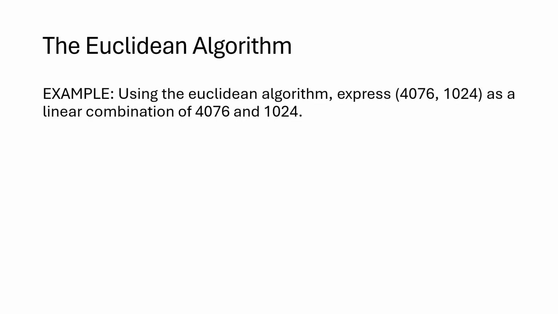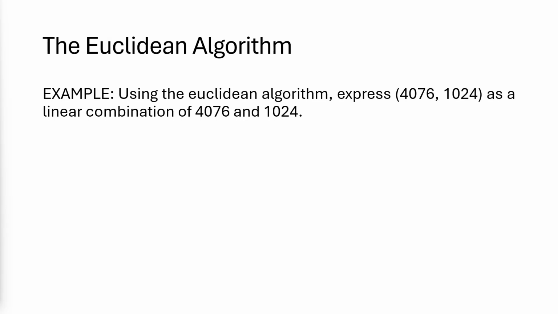Okay, so we have this one. Using the Euclidean algorithm, express the GCD of 4076 and 1024 as a linear combination of 4076 and 1024. For the solution, all we need to do is to use the equations in the previous example in reverse order, each time substituting for the remainder from the previous equation.